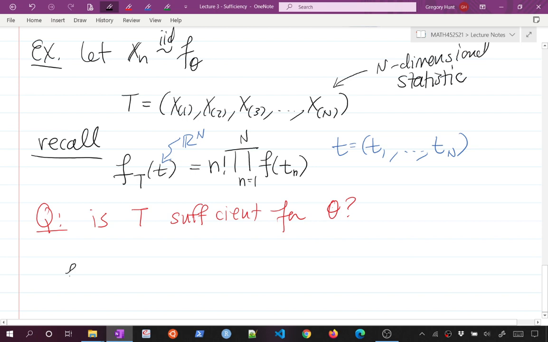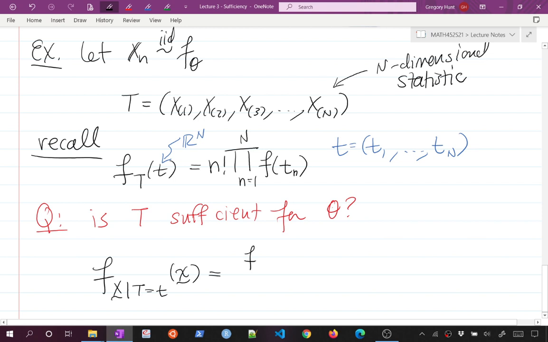So in order to check this, you would say, what do I need to check? I need to check that if I look at the conditional distribution of X given T, we need to show that this doesn't depend on theta, right?